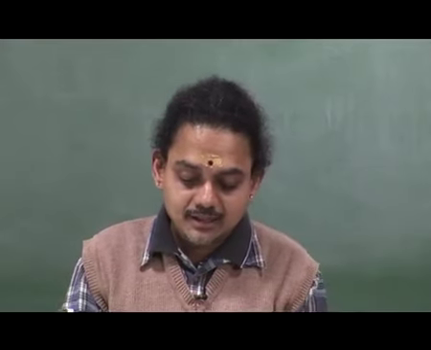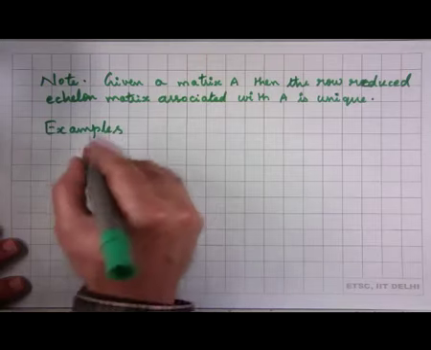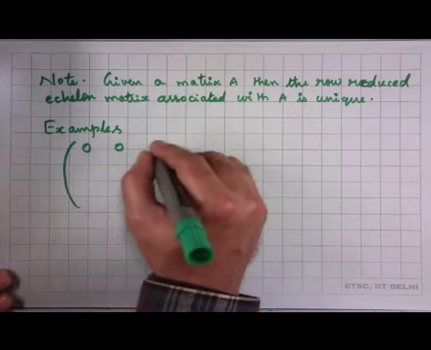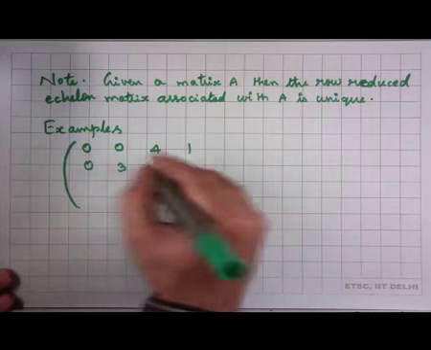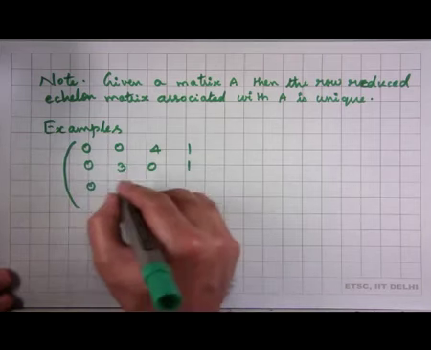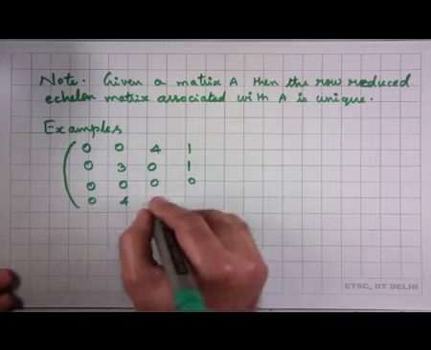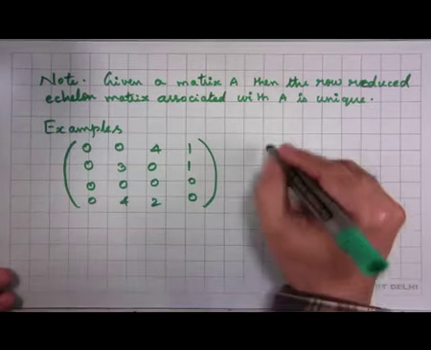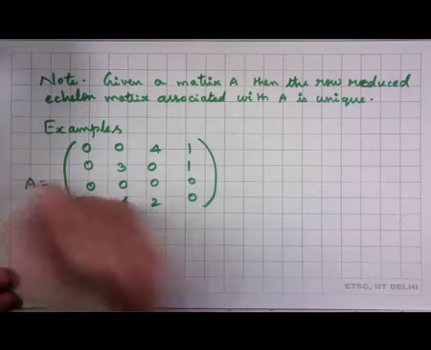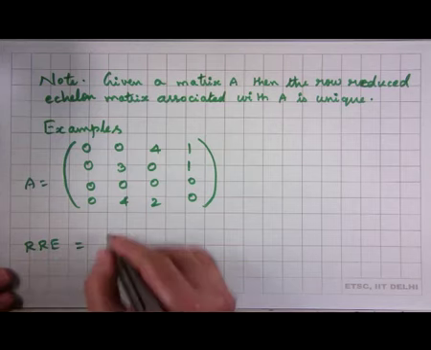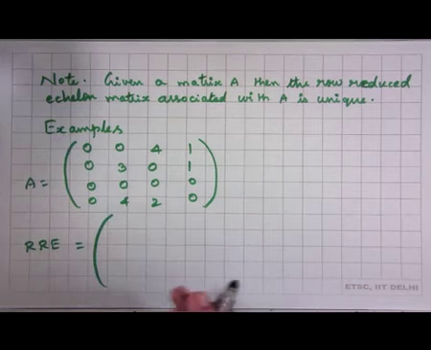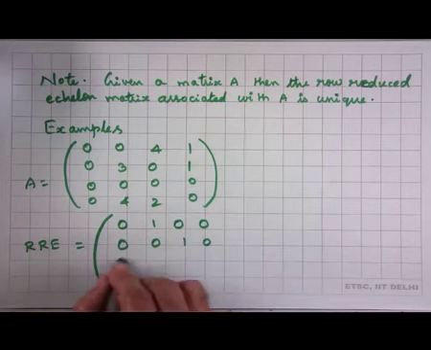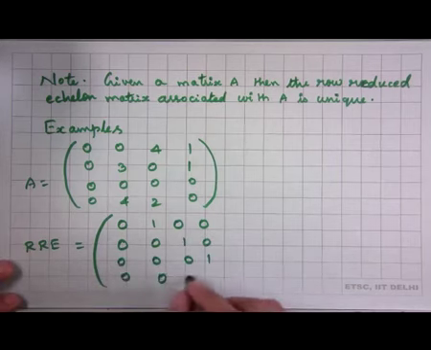The first one that we had is the matrix [0 0 4 1; 0 3 0 1; 0 0 0 0; 0 4 2 0], and the RRE corresponding to this is [0 1 0 0; 0 0 1 0; 0 0 0 1; 0 0 0 0].